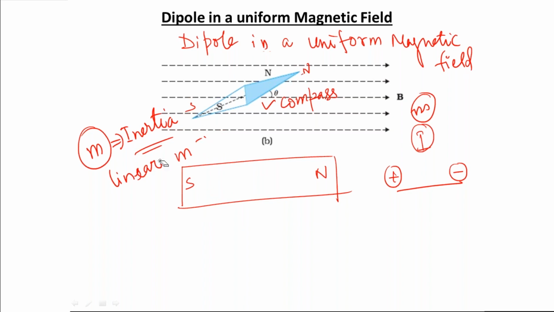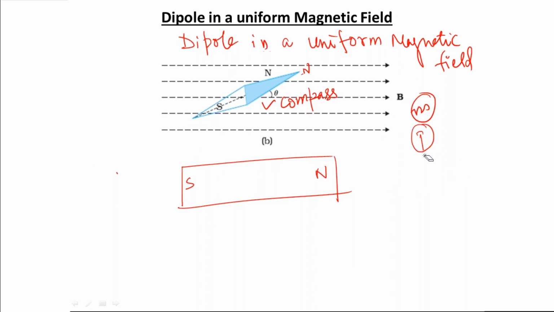So this compass will act as a dipole, and since you are keeping the compass needle near the bar magnet, the bar magnet will create a magnetic field, and the compass needle is now in that field. Suppose it is a uniform magnetic field B. How do we calculate the magnitude of the magnetic field created by this bar magnet?